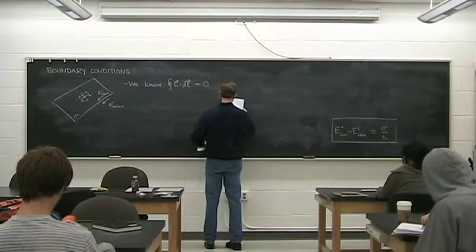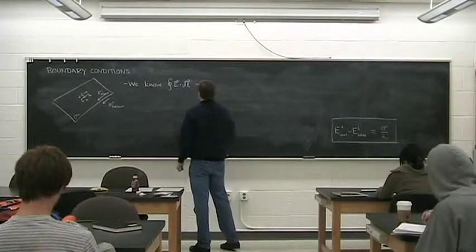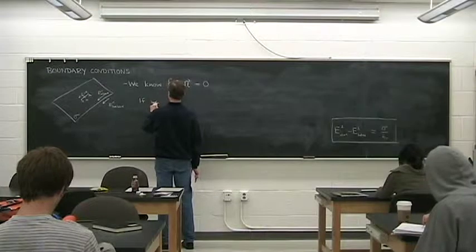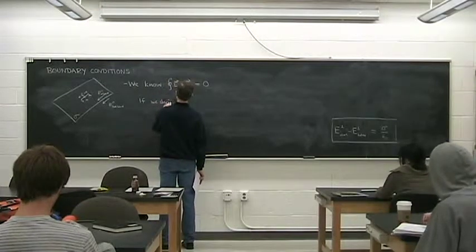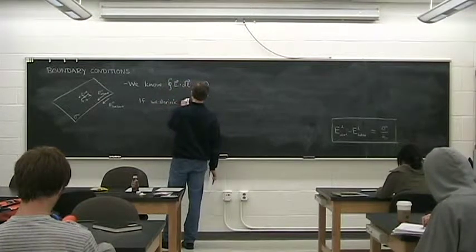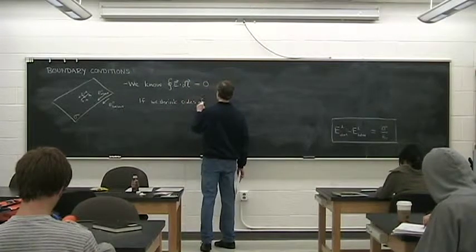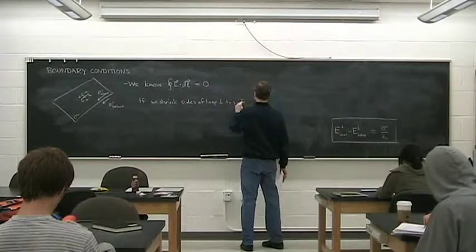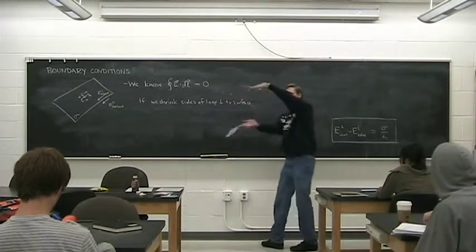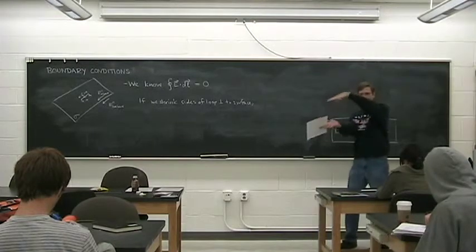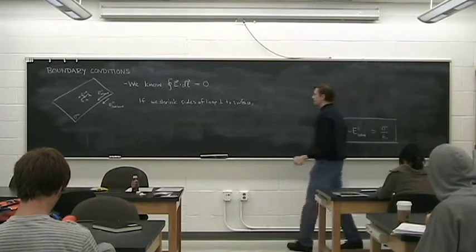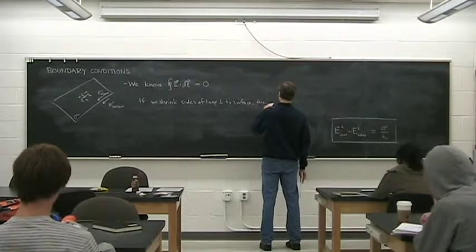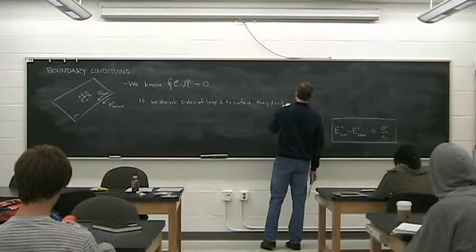So, if we shrink the sides of the loop perpendicular to the surface, they give no contribution, just like shrinking our pillbox so that the surface is laid just below the plane made no contribution to the flux. So those little perpendicular segments don't contribute.